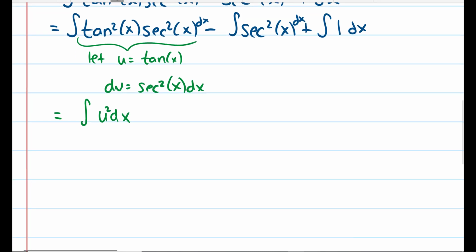And I'll do the next integral in red. Minus, well, I know the integral right away of secant squared is tangent, but for now I'm just going to write all my integrals. I'm going to do all my integrating in one step. So secant squared x dx plus the integral of 1 dx.